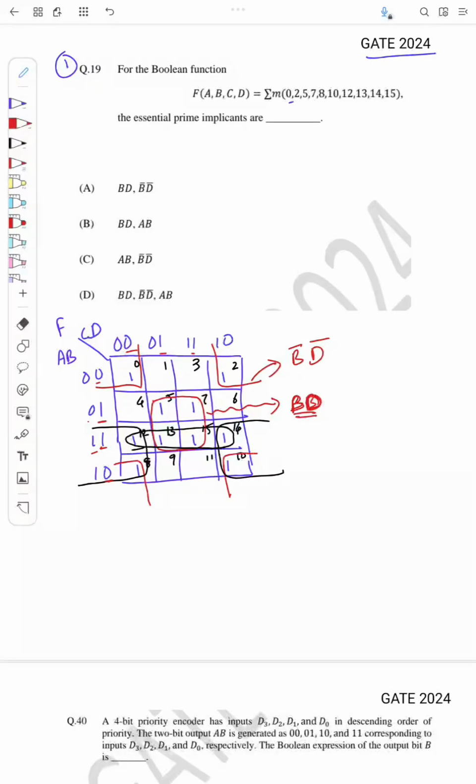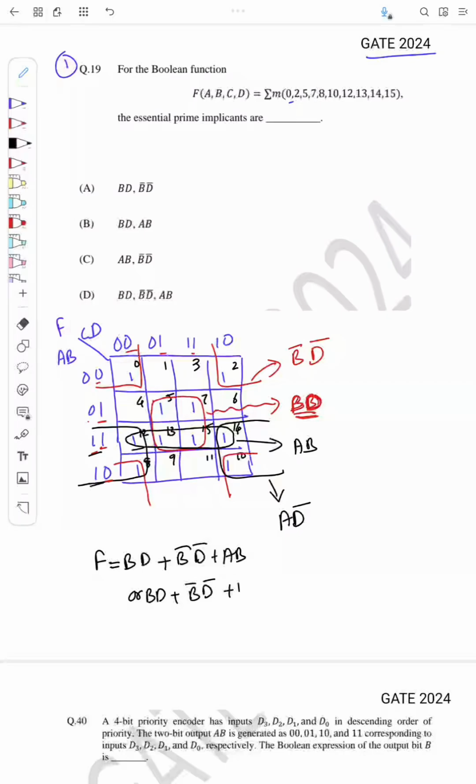Okay, and for the other 2 groups, for this group I have a and d bar, and for this group I have ab. So the function will contain bd plus b bar d bar plus ab, or I can write bd plus b bar d bar plus ad bar.